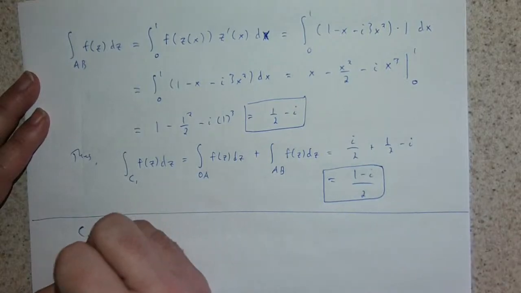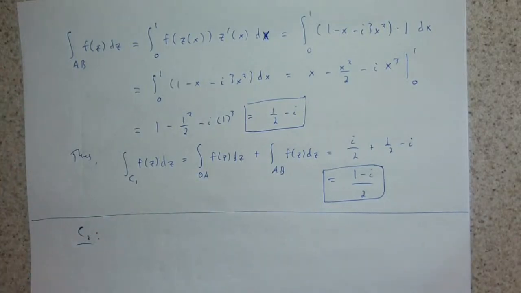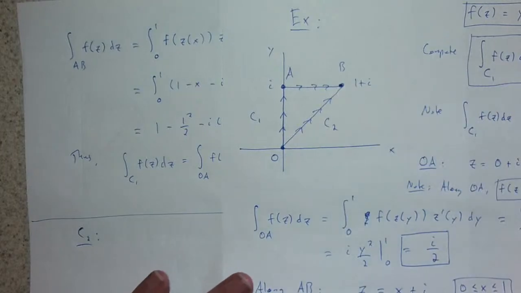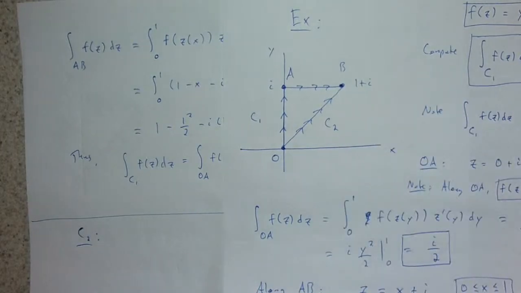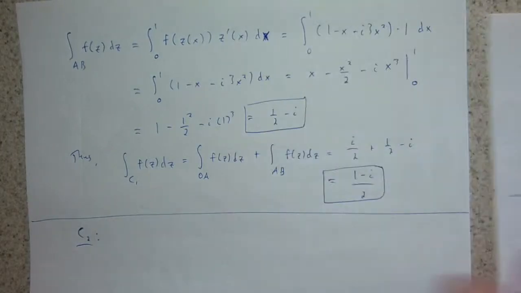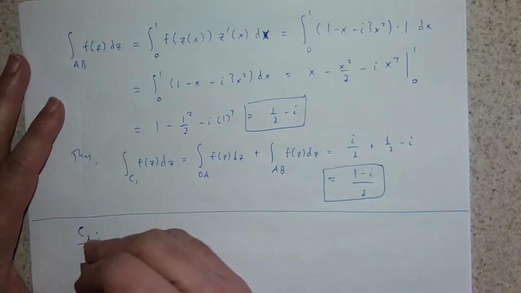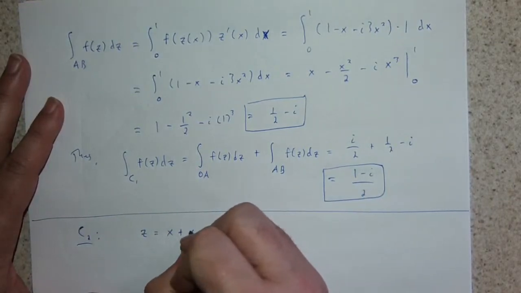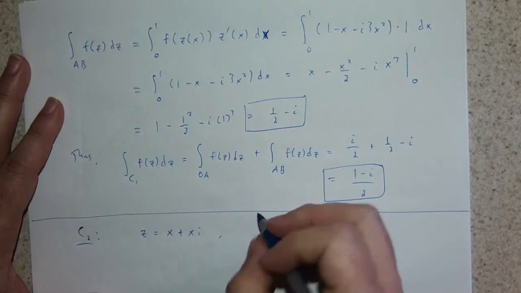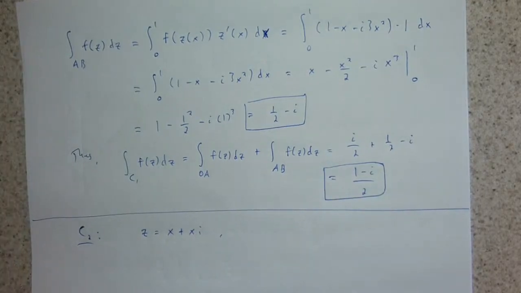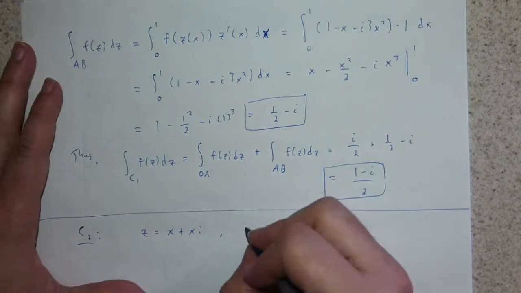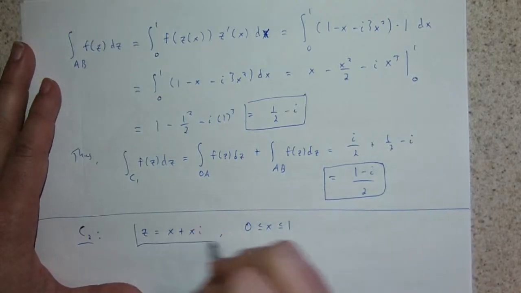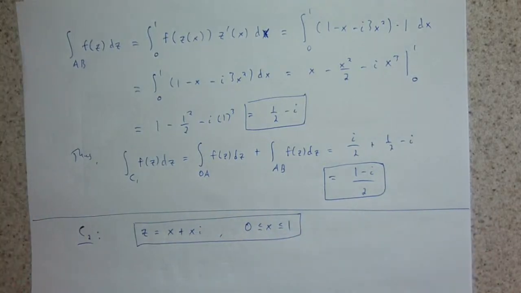If I'm looking at C sub 2, first of all, what is this curve? This is just a segment of the curve y equals x. And so along C sub 2, z is equal to x plus xi, where x is just going between 0 and 1. So again, I was able to use either x or y as my parameter.